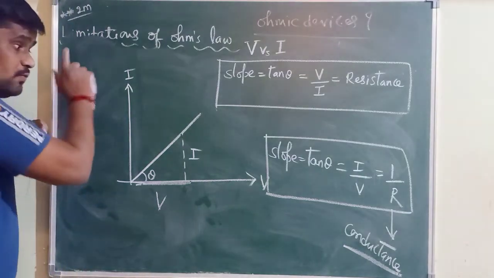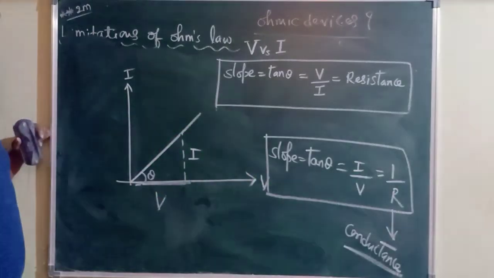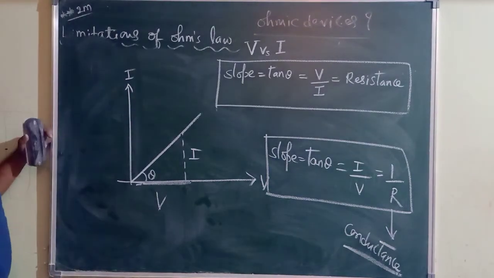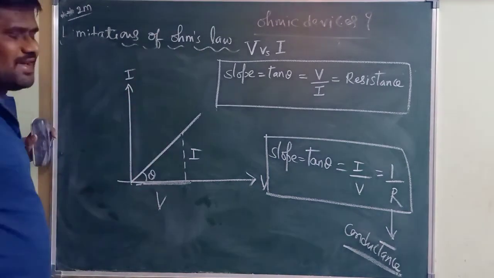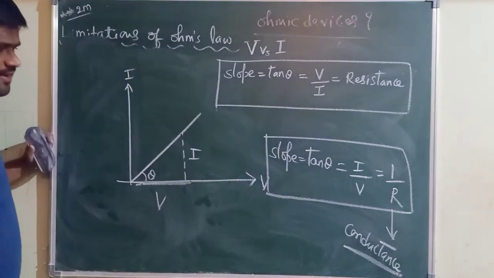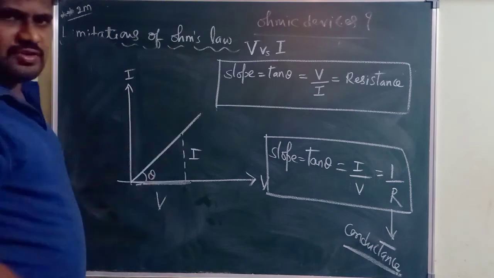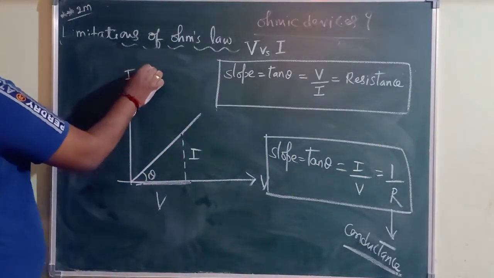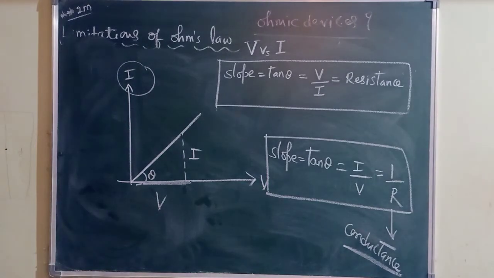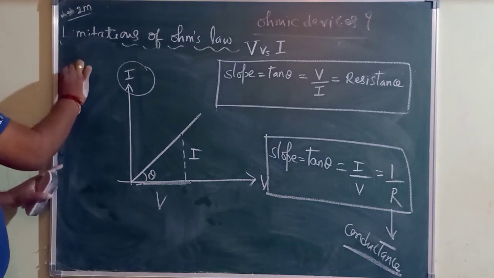The slope of the I versus V graph is conductance. You have to concentrate on whether I is along the y-axis or V is along the y-axis. If V is taken along the y-axis and I along the x-axis, then the slope is equal to resistance. If I is on the y-axis and V on the x-axis, then the slope will be conductance.